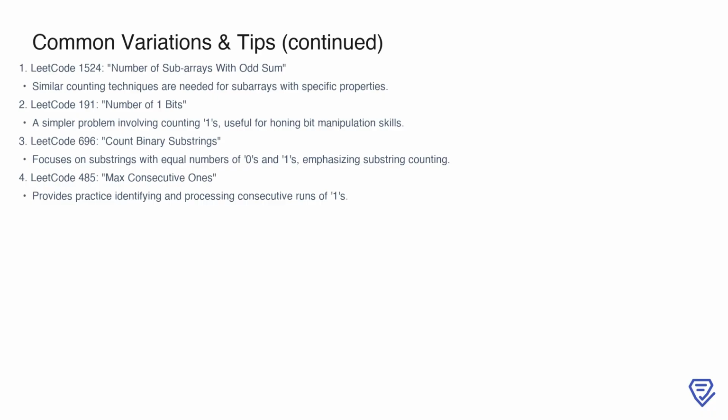LeetCode 696, count binary substrings, emphasizes substring counting but focuses on substrings with equal numbers of zeros and ones. Finally, LeetCode 485, max consecutive ones, is excellent for practicing how to identify and process consecutive runs of ones. Exploring these problems can deepen your understanding and prepare you for variations in interviews.